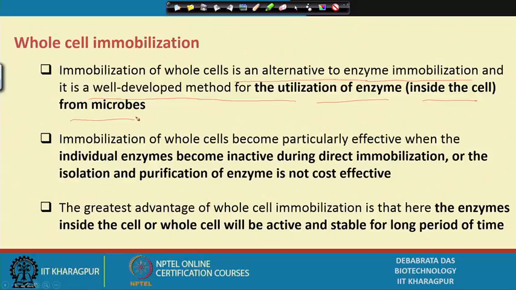These microbial cells have metabolic pathways. When we immobilize the cell, the substrate goes inside the cell, undergoes the metabolic pathway, gives the respective products, and they are taken out.